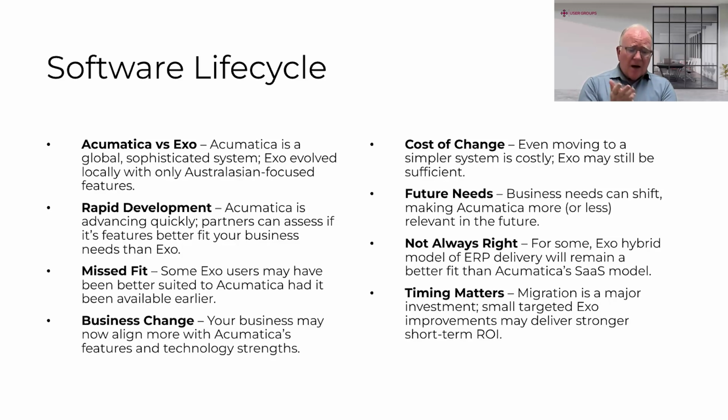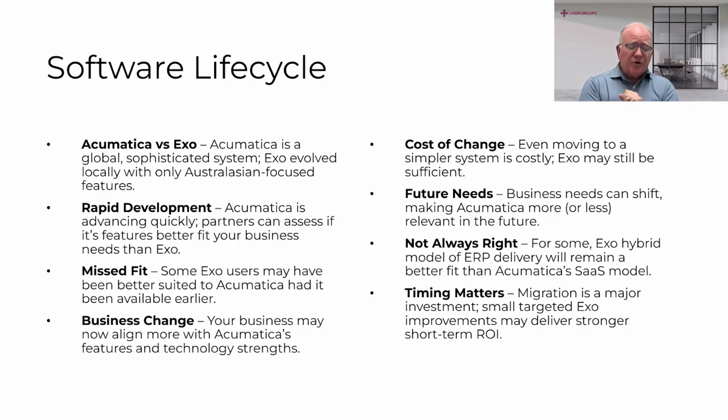So things are changing, the scene's changing all the time in terms of the value proposition of changing from EXO to Acumatica, and only really partners who know enough about your business can match it with what they know about Acumatica and how Acumatica's feature set is changing and developing.